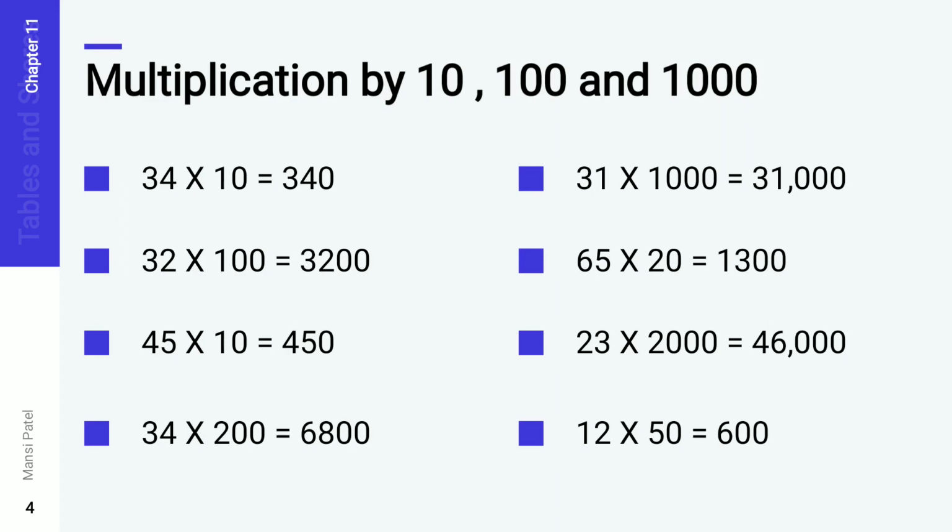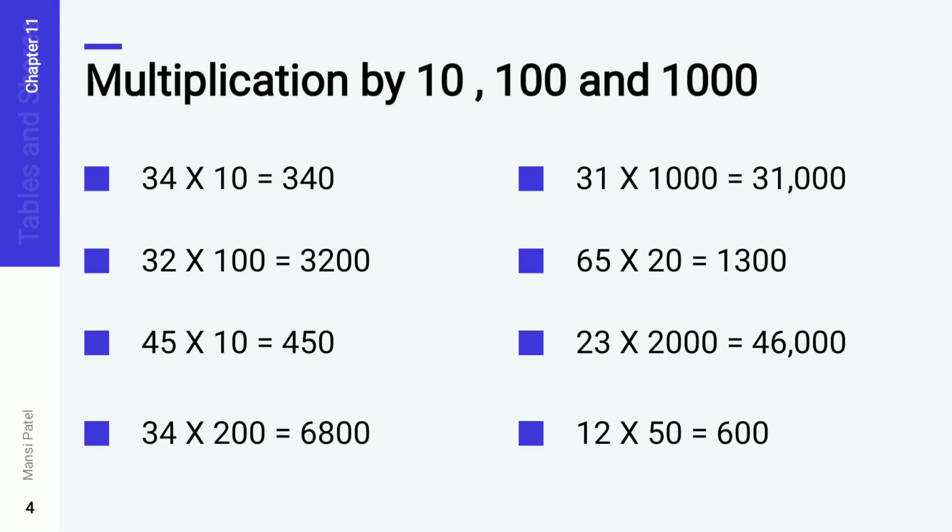Now in this way, if you want to do the multiplication of any number by 10, 100 and 1000, then you have to write down the first number as it is, and after that you have to count the number of zeros, and that number of zeros you have to write down after that number.